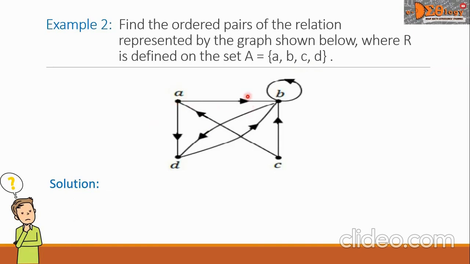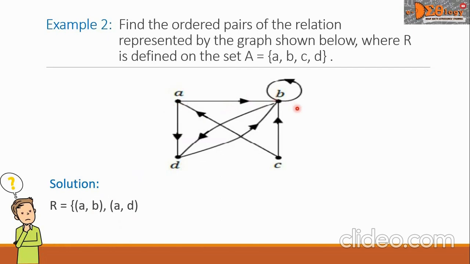The first arrow is here, and we can see that this is from point A going to point B. That's why we write here AB. Another arrow from A is this, from A going to D. So we write here AD. There are no more arrows that goes out from A.